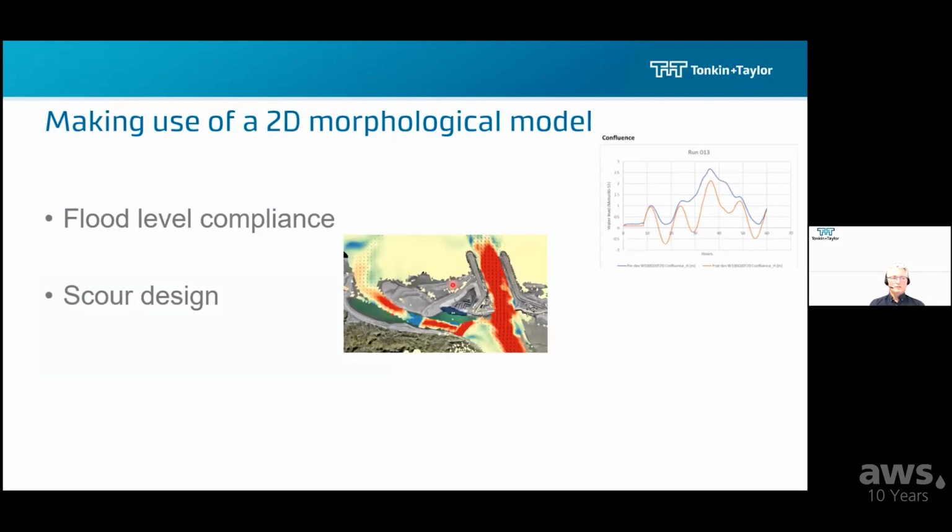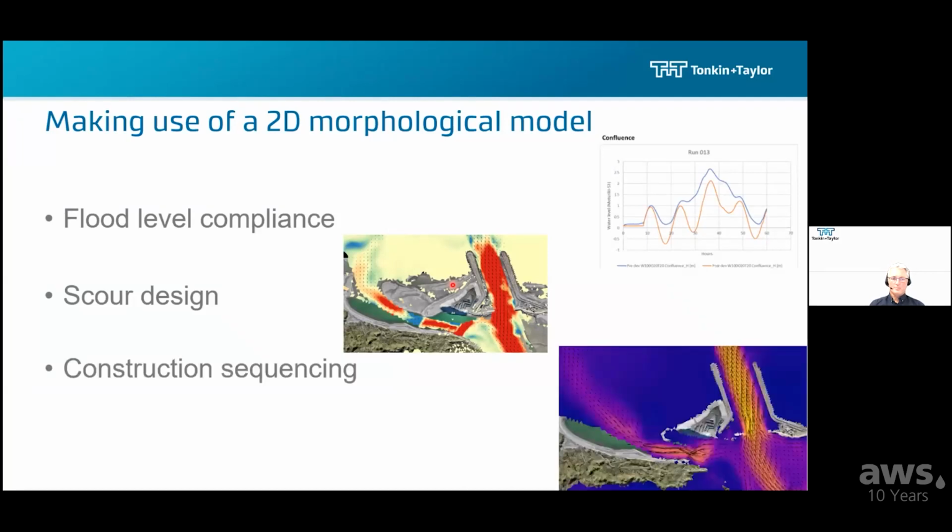We've also used it for scour design, to inform what the scour depths are likely to be and where the hot points are going to come up. And lastly, in the construction sequencing, making that balance between river flow capacity, dredged volumes, and closure amounts, all the time ensuring that we're not increasing the flood risk to the town.